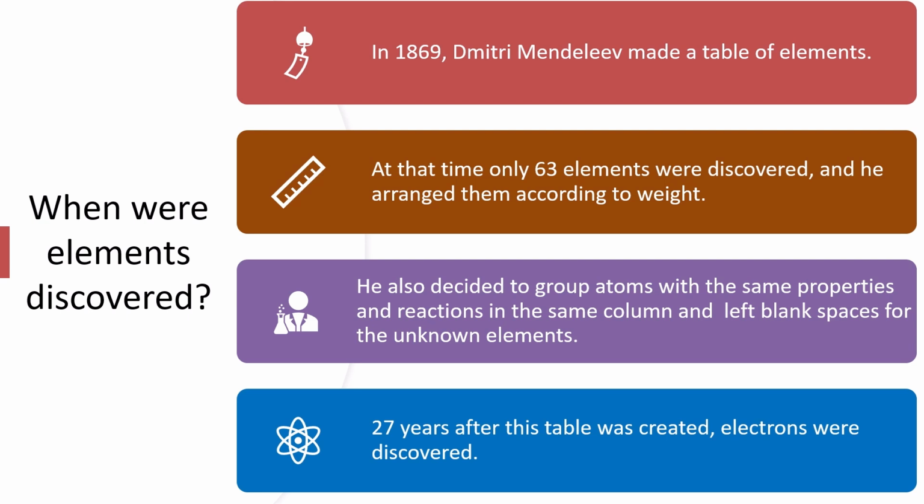In 1869, Dmitry Mendeleev made a table of elements. At that time, only 63 elements were discovered, and he arranged them according to weight. He also decided to group atoms with the same properties and reactions in the same column and left blank spaces for the unknown elements. 27 years after this table was created, electrons were discovered.